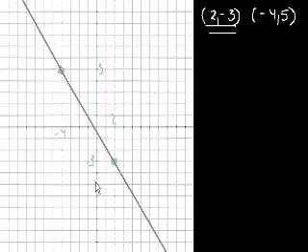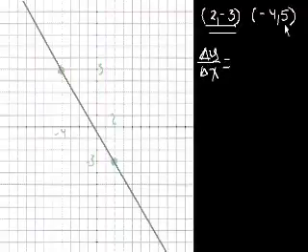All right, so first we need to figure out the slope. We could just do that doing the algebra. So slope is just delta y over delta x, change in y over change in x. Let's take this y as the first point.